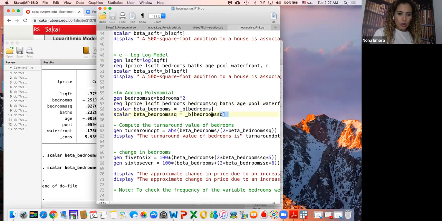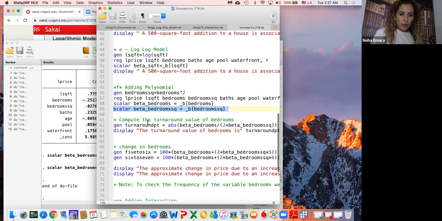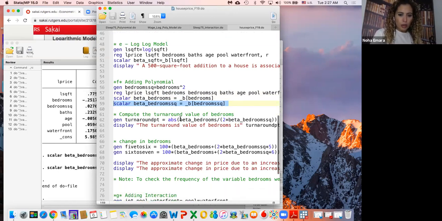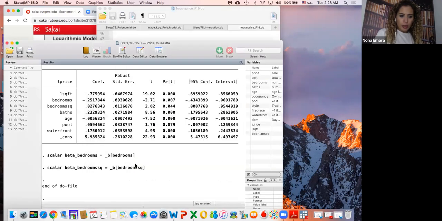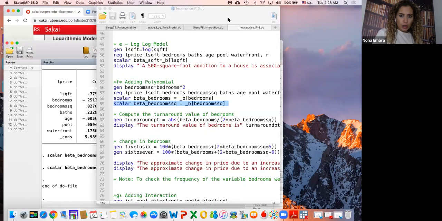Next, you need to do the same for beta square, and you extract it from the model. And then you compute the turnaround point. You know that the turnaround is the absolute value of beta bedrooms over 2 multiplied by beta bedroom squared. So you can compute that, because we have already extracted these coefficients.